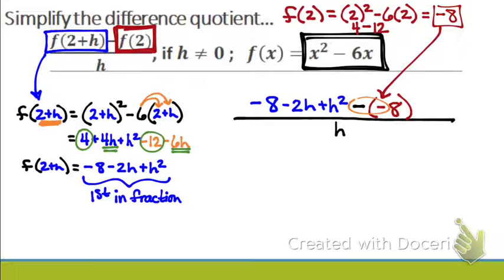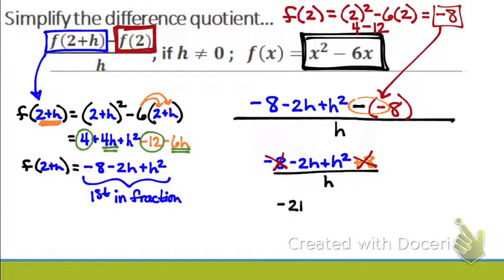Subtracting a negative, same thing as addition. All right, so I have -8 minus 2h plus h squared plus 8 over h. What can we do? Cancel out our 8's.